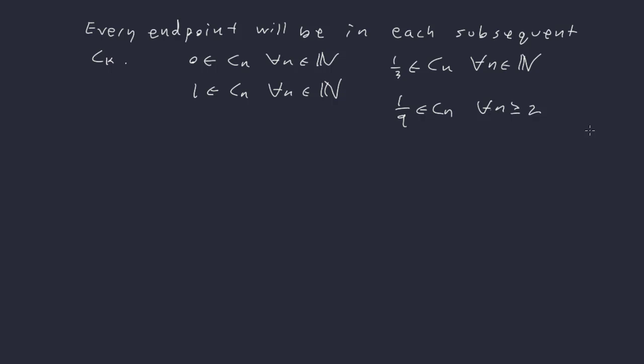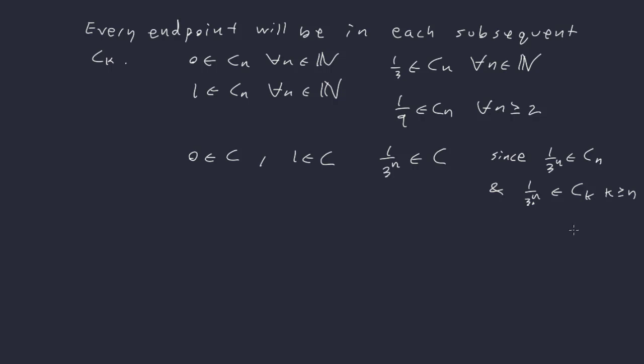All right, so this implies basically that 0 will be in C, 1 will be in C, and every 1/3 to the n will be in C. Okay, and this is since 1/3 to the n is in C sub n, and 1/3 to the n is in every Ck for k greater than or equal to n.